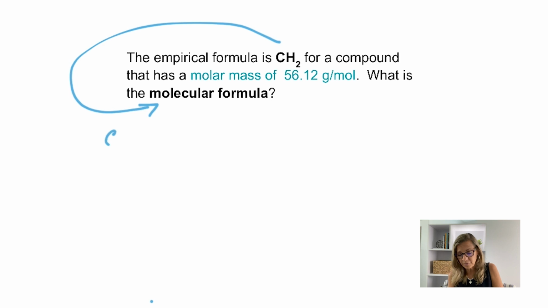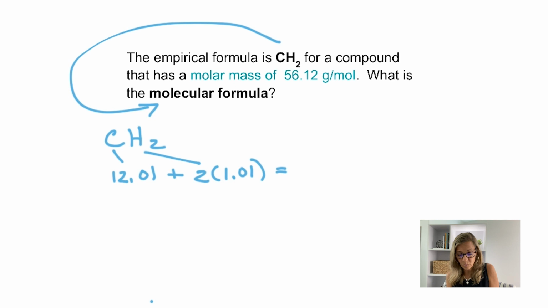So let's first find the molar mass of CH2. Well, 1 carbon is 12 grams, and then 2 hydrogens, each one is 1.01, is going to give me, let's see what that is, 14.03 grams.